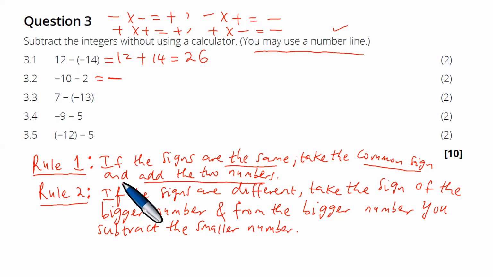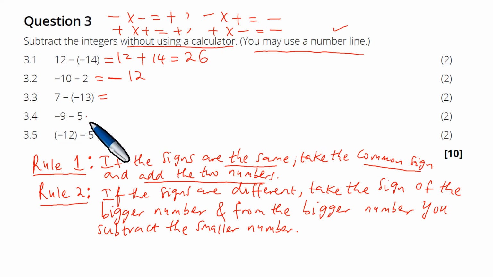And then you add the numbers: 10 plus 2. What is 10 plus 2? 12. And that's the answer. Obviously I said without using a calculator. I know the calculator is going to give you minus 12, but we're saying let's not use it here.